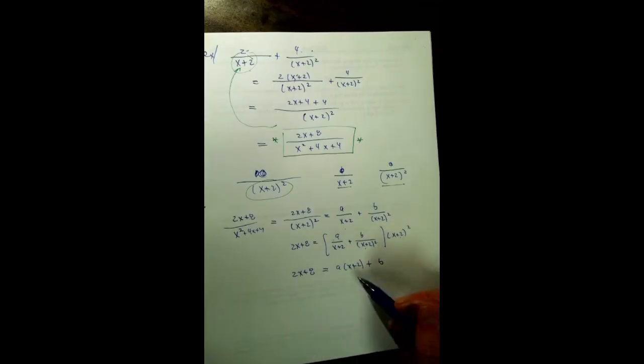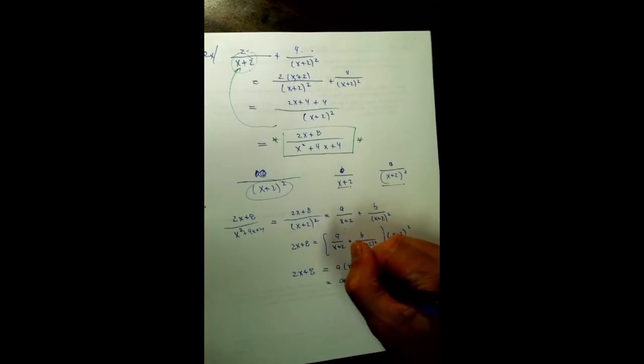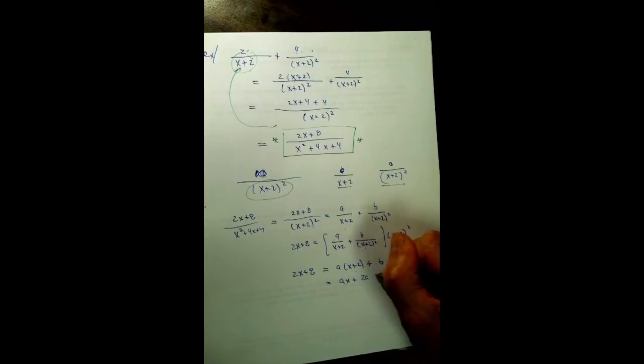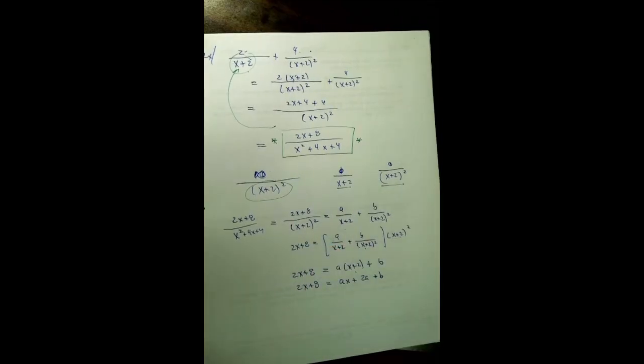Now, I could let x equals minus 2 and solve for b, and then let x equals 0 and solve for a. I'm going to do this a different way, just because it's good to see different ways to do things, but also in some circumstances, this is actually a little easier, even if it's a little hard to recognize what's going on.